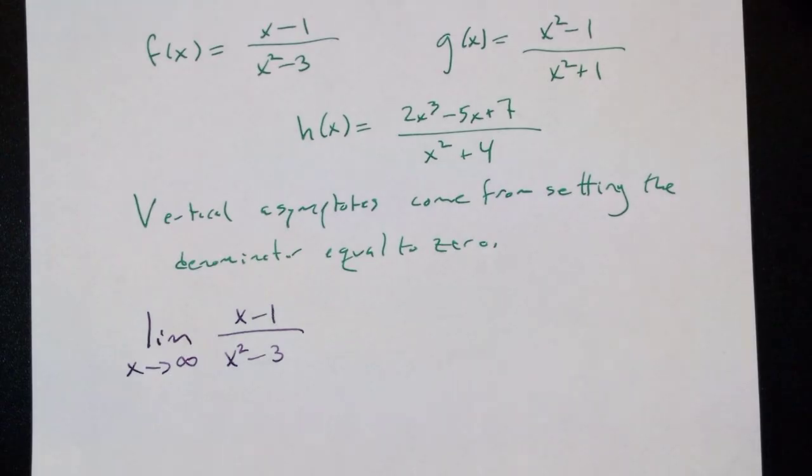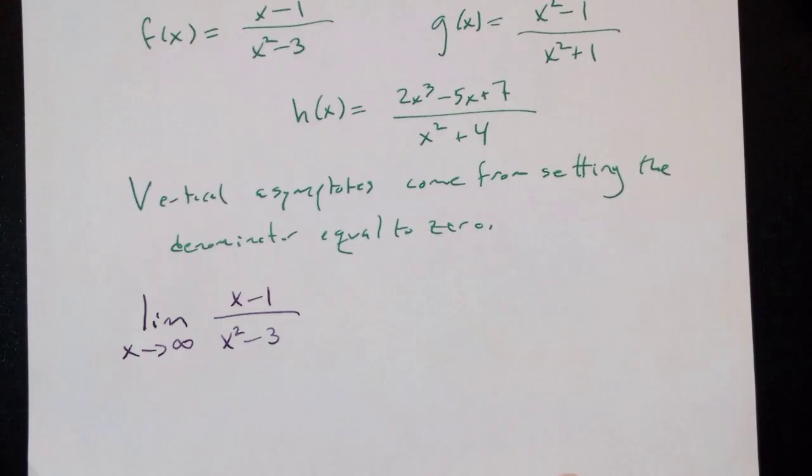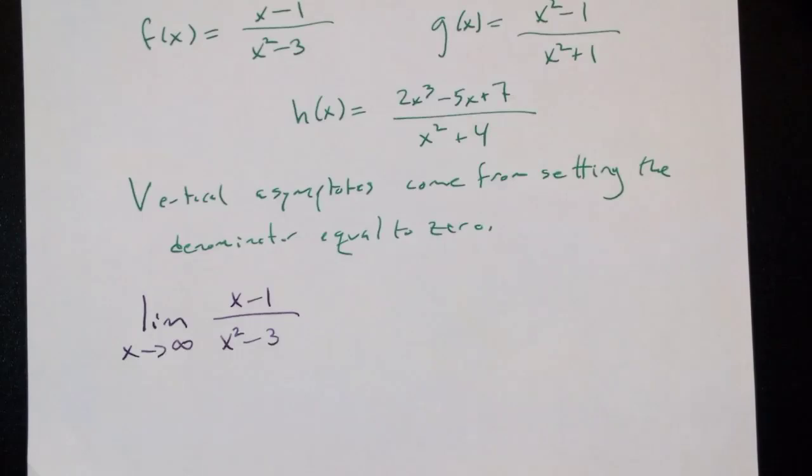For a rational function, it's just easier to deal with going to positive infinity, because at best, I will get one asymptote. So if I get one on the right, I automatically get it on the left. And I don't have to worry about the negative signs anywhere. I want to save myself the headache. I'm going to just do the right side.